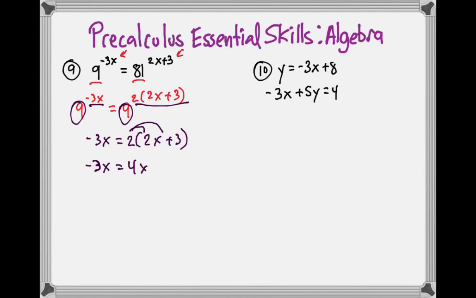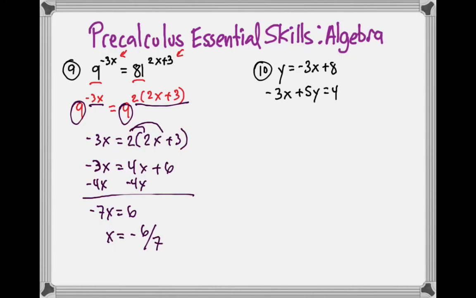So we got a 4x plus 6, and I'm going to move all the x's to one side, so I'm going to subtract this 4x over here, and that's going to give me negative 7x equals 6. Divide by negative 7, I get x equals negative 6 over 7.